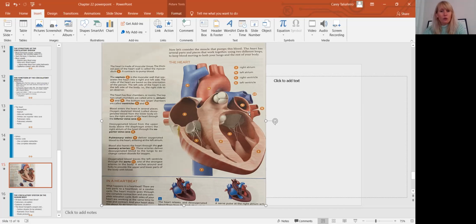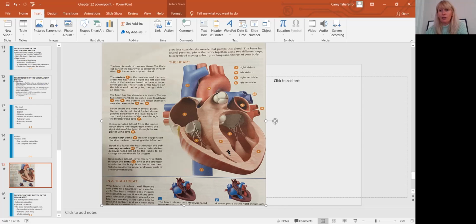So while you would say this is the right, it is actually the left. And this is actually the right. So don't let that confuse you because it is a little bit confusing. But this is the person's heart. So this would be the person's right side and the person's left side. Okay, so again, this is the septum. It separates the right from the left and helps to separate some of the chambers of the heart.